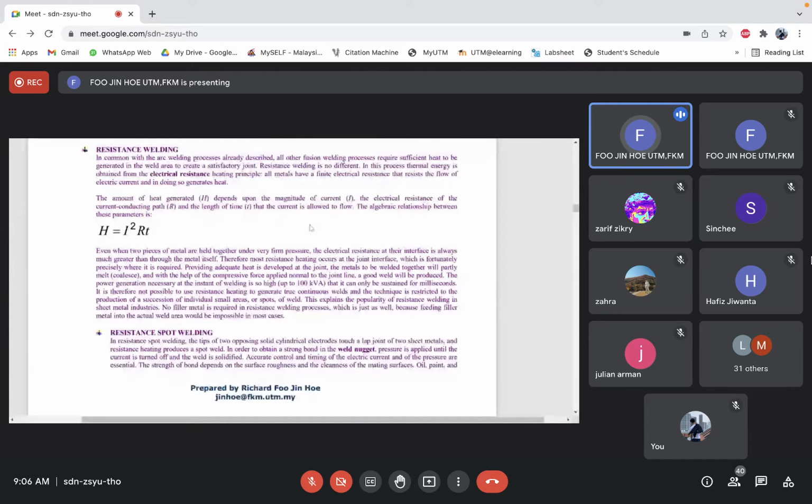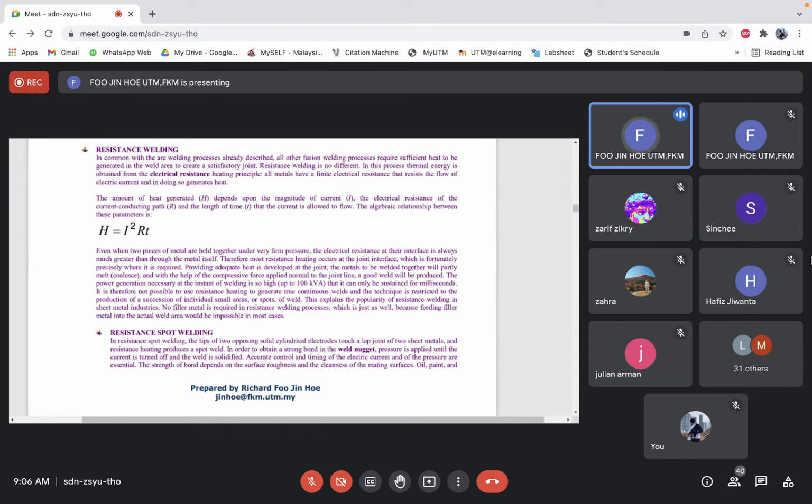Next, we are going to move on to this thing called resistance welding. This process actually explores greatly the resistance properties of this metal. As you know, metals have their own resistance, especially when you connect them to the electric current.